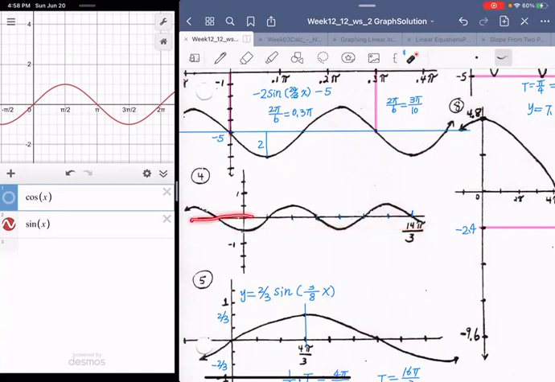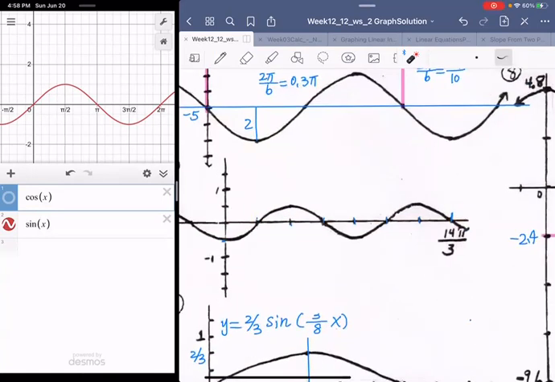What is the midline, Ted? I'm not sure. The midline is between the maximum and the minimum. This guy is the midline, okay? Oh, okay. So the midline is 0.